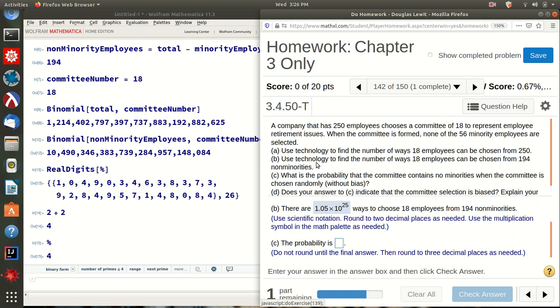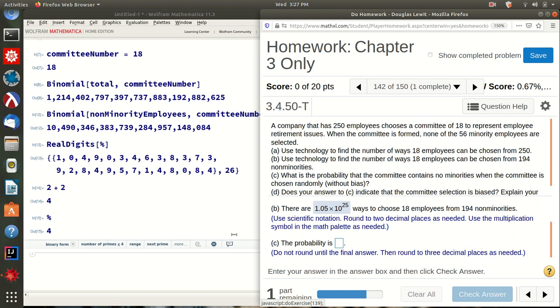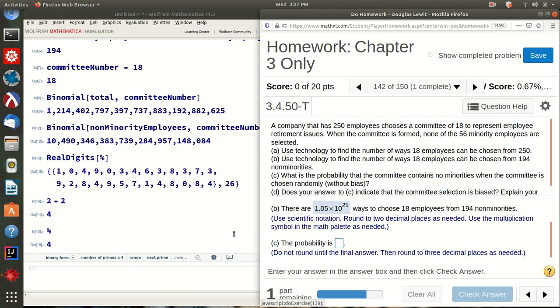Part B: use technology to find the number of ways 18 employees can be chosen from 194 non-minorities. So we take the number from part B and divide by the number from part A.